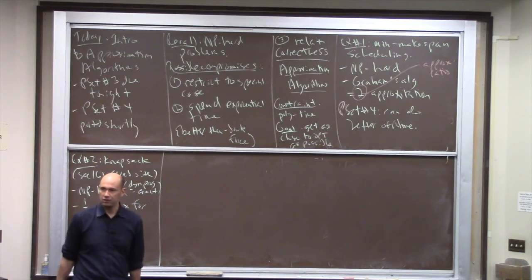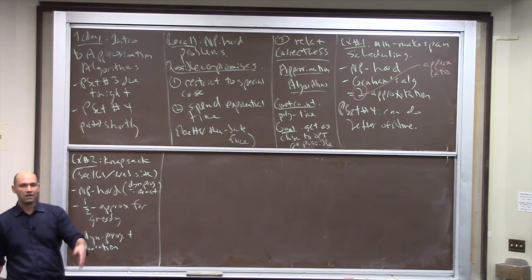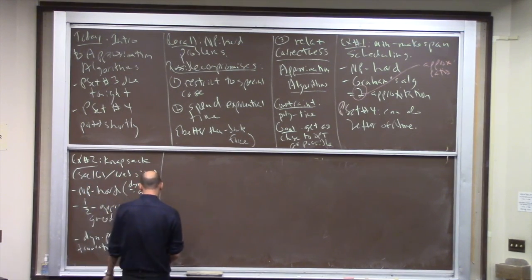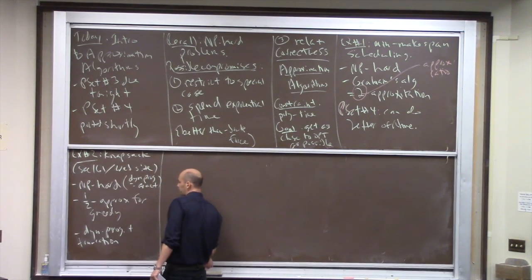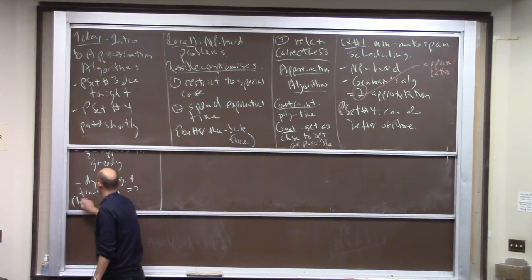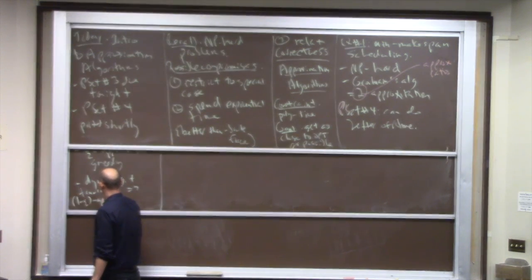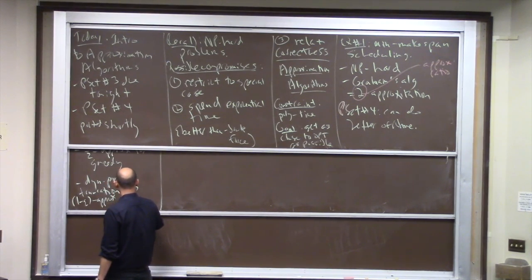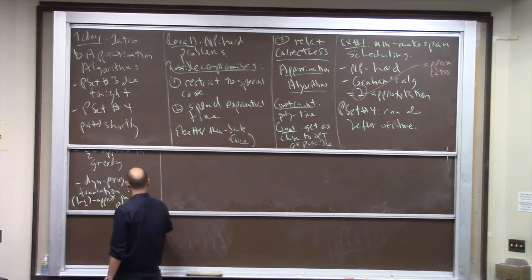So that's what I mean by truncation. You take the input numbers, you chop them, you divide them all by 1,000,000, something like that, and then you run the dynamic programming algorithm and then you scale back. If you do that in just the right way, you can actually get a 1 minus epsilon approximation for any epsilon you like in time that's polynomial in n and 1 over epsilon.